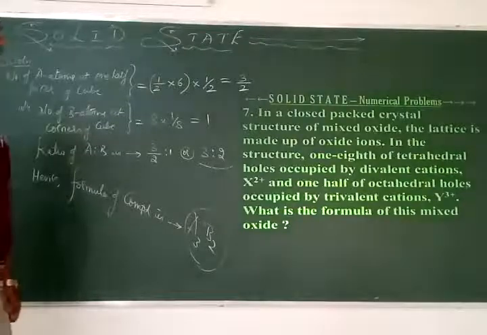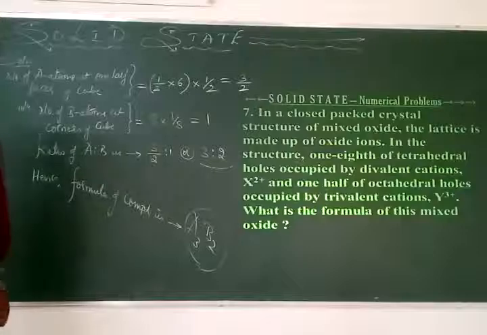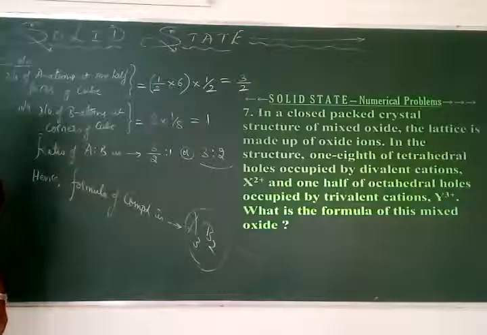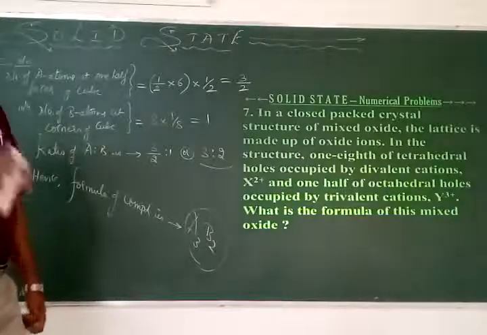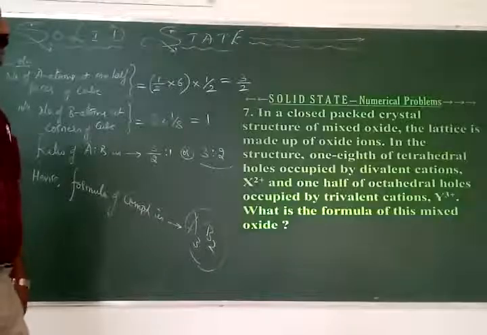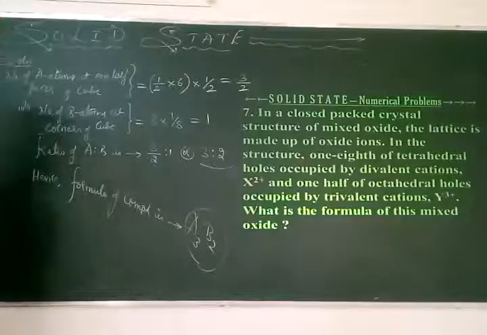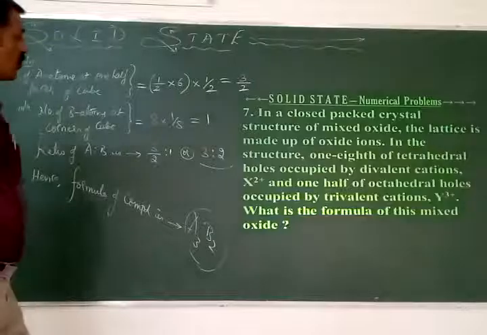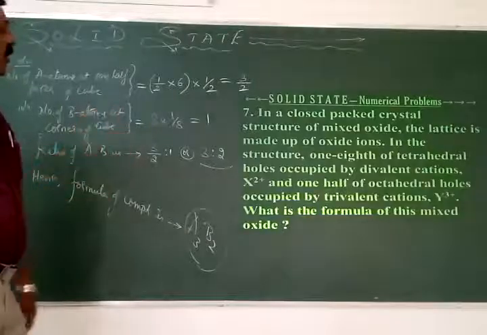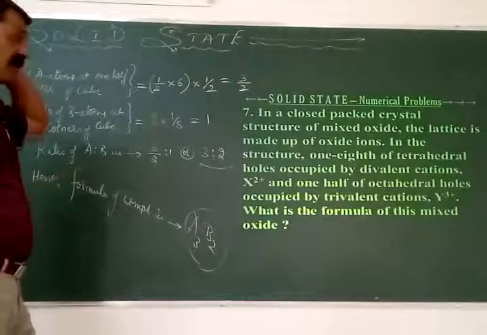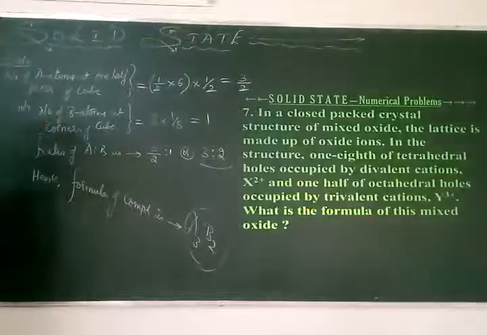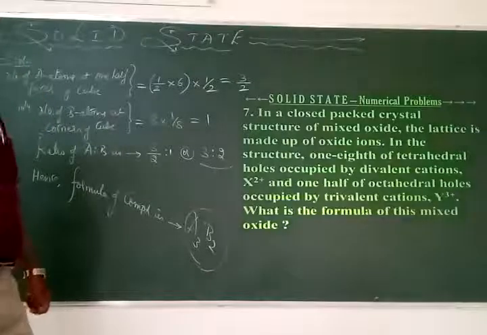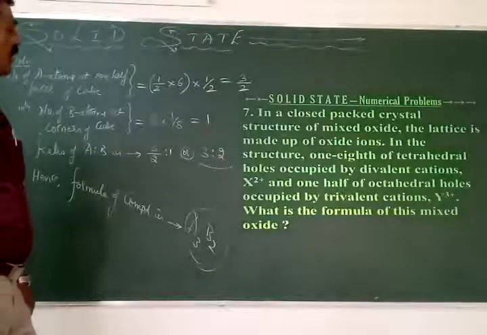Let's have the 7th one now. In a close packed crystal structure of a mixed oxide, mixed oxide means we are having 2 elements with the oxygen. The lattice is made up of oxide ions. In that structure, 1/8 of the tetrahedral voids are occupied by the divalent cations X2+ and 1/2 of the octahedral voids are occupied by trivalent cations Y3+.